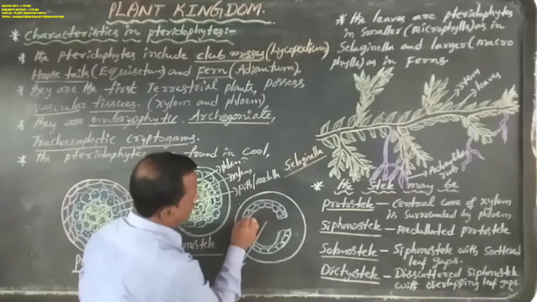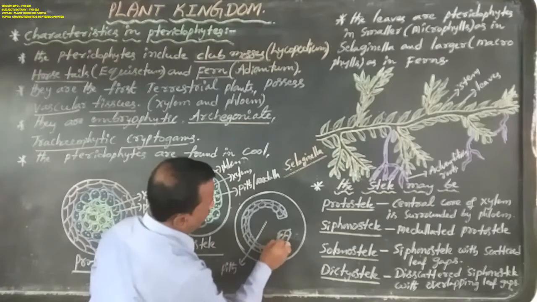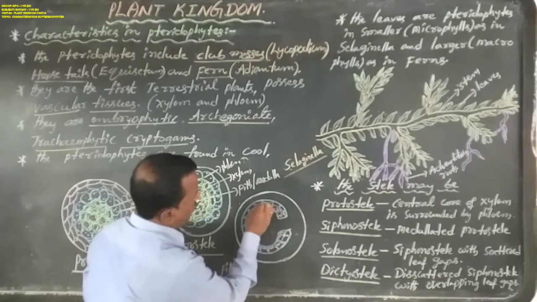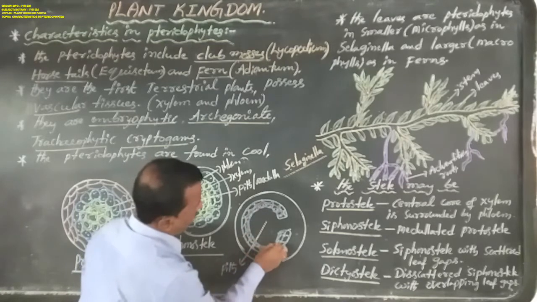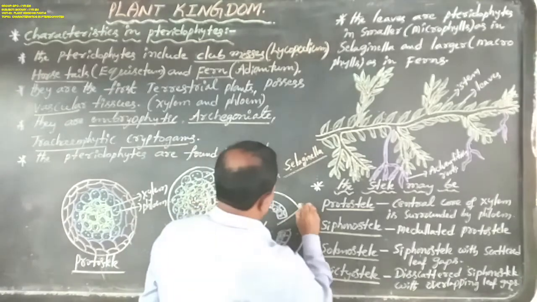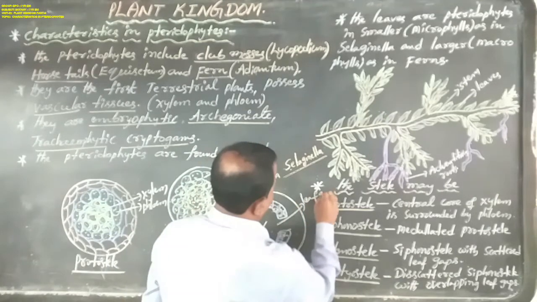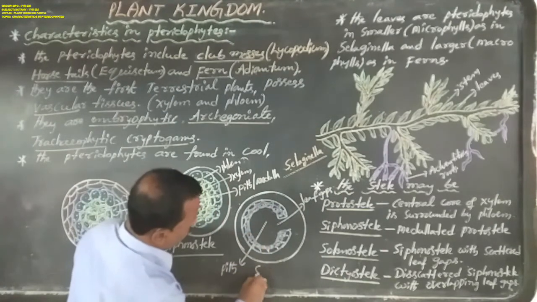Between them there is a gap, that is a leaf gap. This is a leaf gap, and this is known as solenostele.